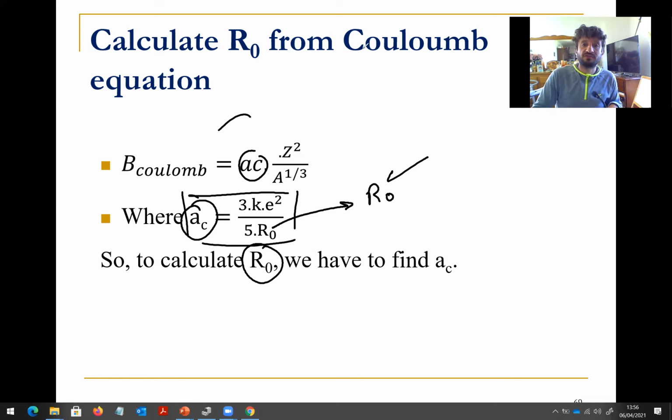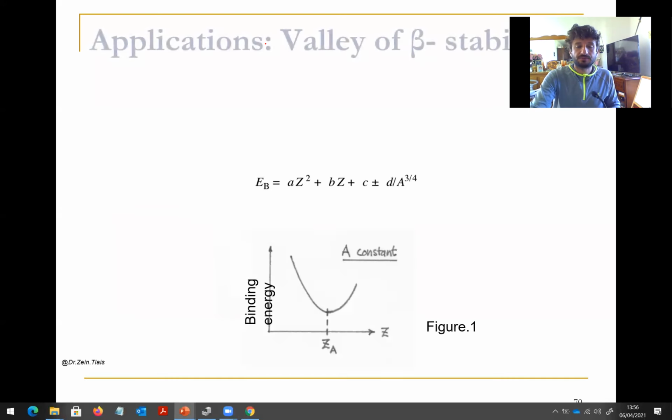I give you, for example, the value of R0, and I ask you to find AC. You can write directly its value, or I can ask you to find it, and you follow all the steps to find this relation.